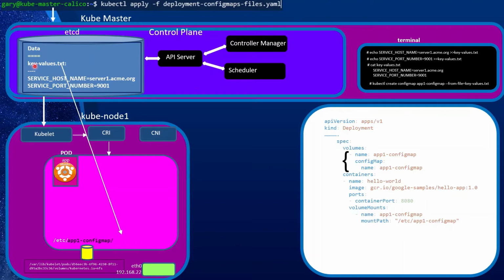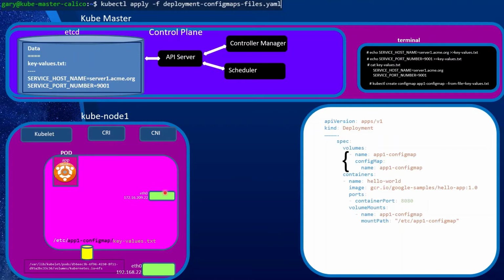It also reads this file name over here, creates a file with that name locally, and then copies everything into that file. Now this file will have all the key values that we specified for our config map.